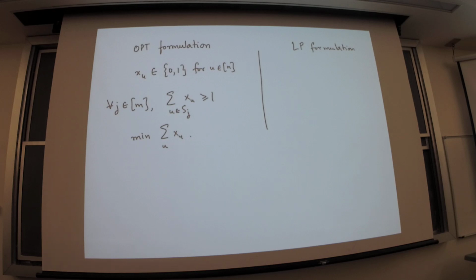You don't want discrete variables, so you just say that 0 is less than or equal to xu, which is less than or equal to 1, and you want to minimize. So this is same. Now the question is, will the same rounding work?